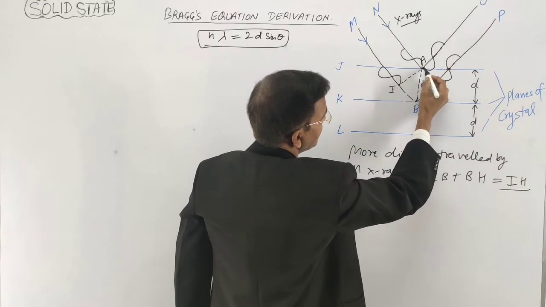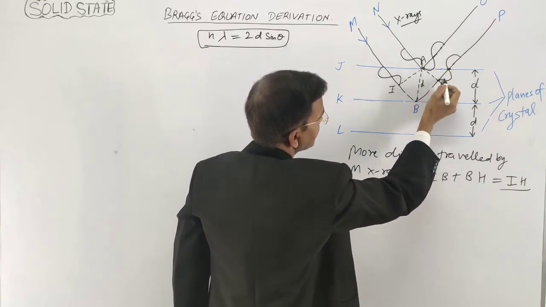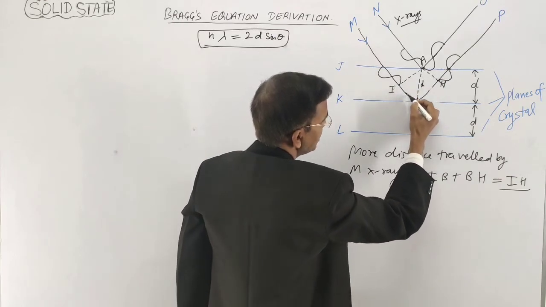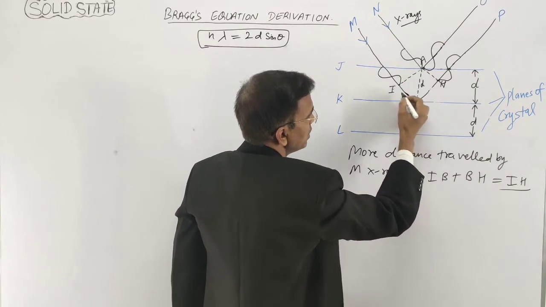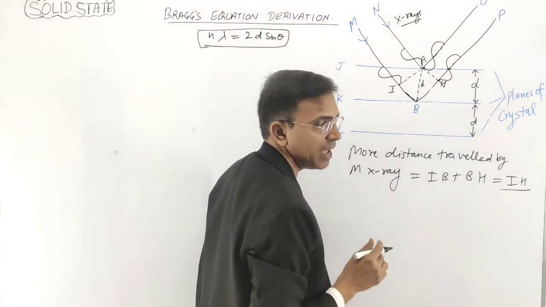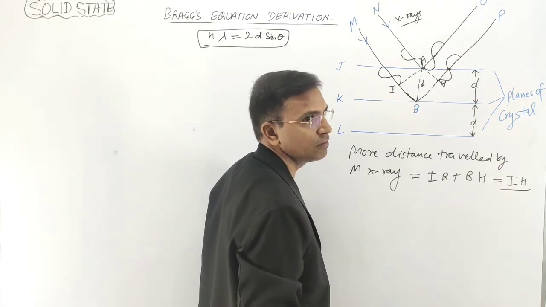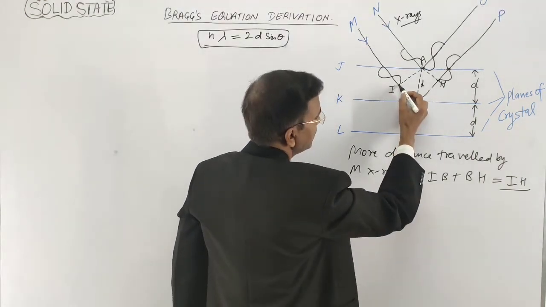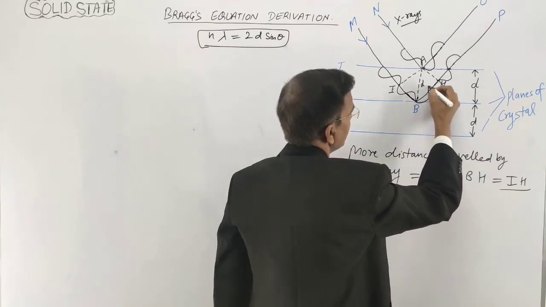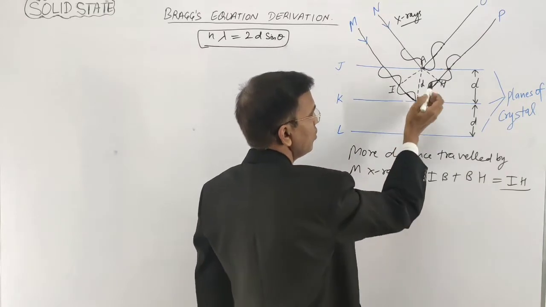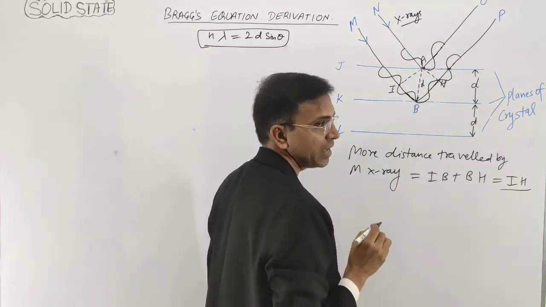Then to get the same point, this extra distance covered by the ray must be equal to the wavelength of the X-ray or a multiple of the wavelength of the X-ray. For example, if one ray is here, one ray here, then only can we get the same trough or crest in both the rays, right?